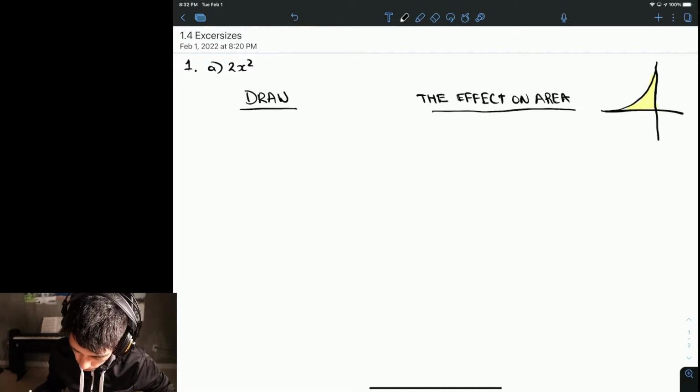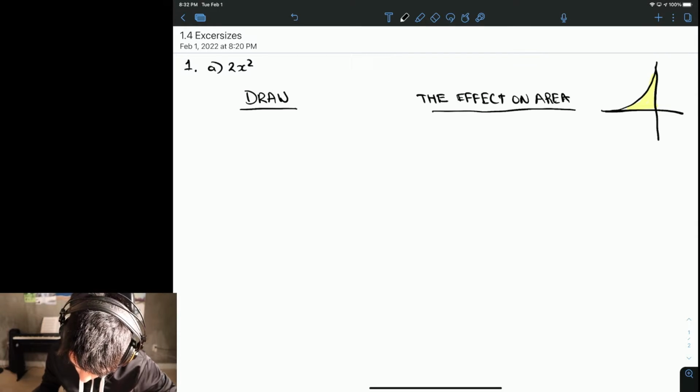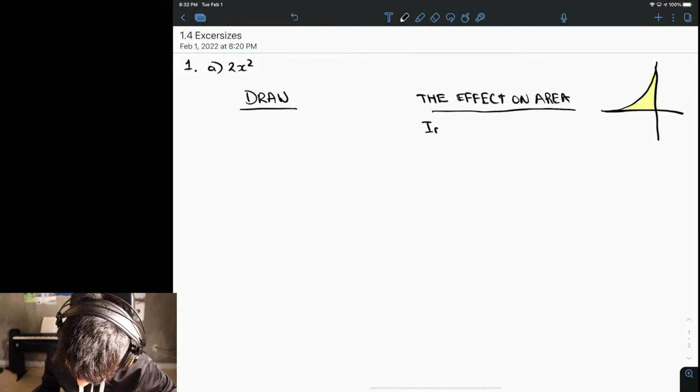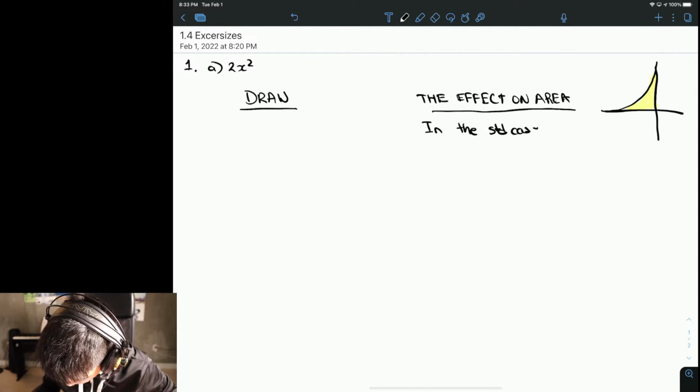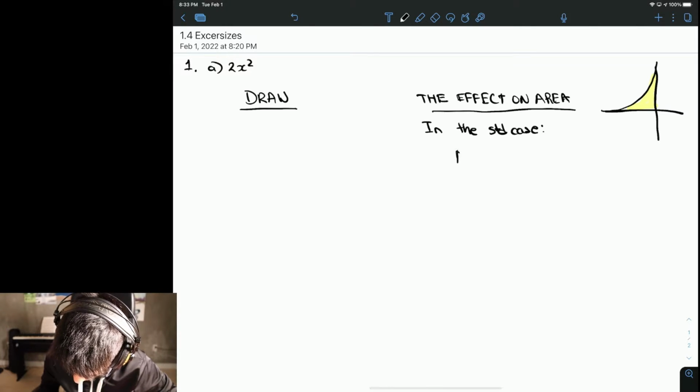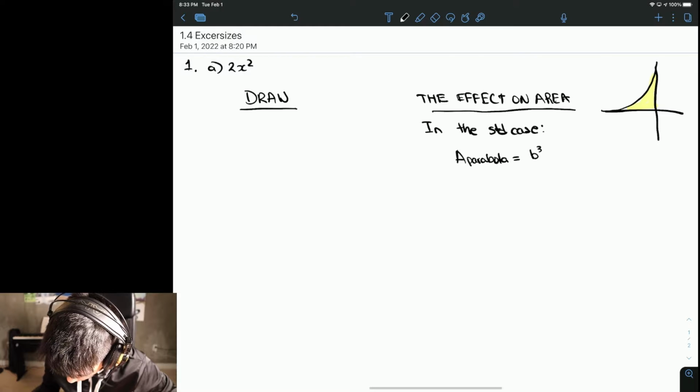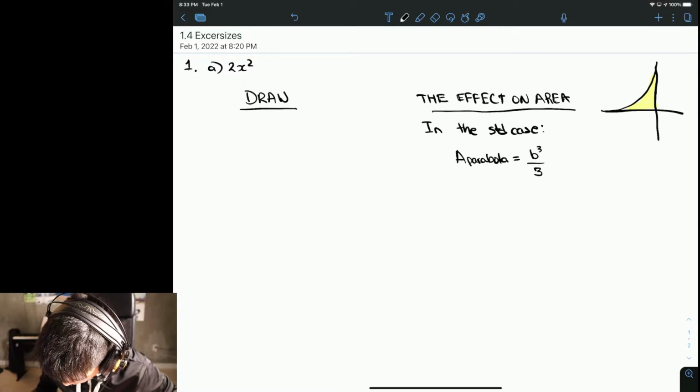Basically, what happened was we had the area of a parabola. So in the standard case, we had the area of a parabola being equal to b cubed over 3, where the width of this is equal to b.